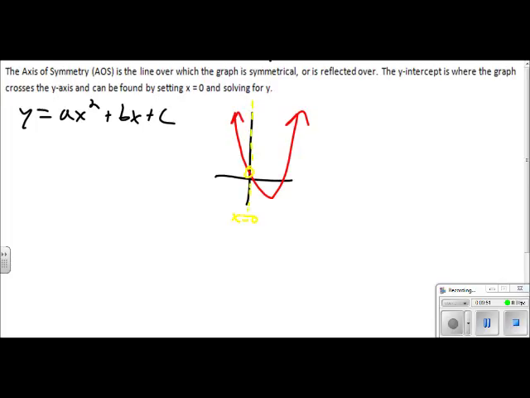So we can just set x to 0 in these cases, in which case 0 squared is 0, a times 0 is still going to be 0. Same thing, b times 0 is just 0. So our y value is always just going to be c. So you can either set x to 0, or just know that if we have standard form, our y-intercept is c.